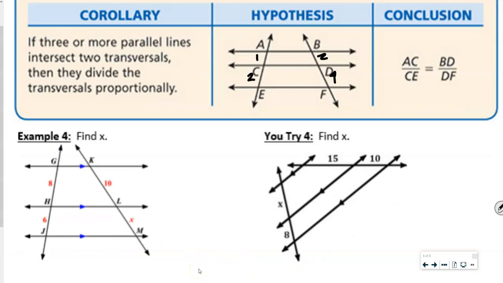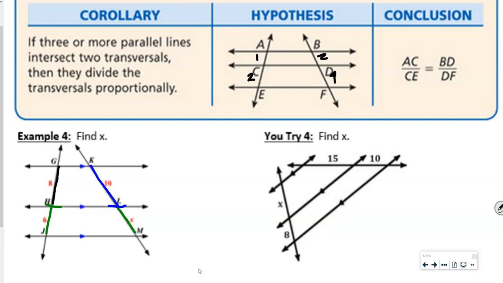So we're going to take GH over HJ, right? See that? And we're going to do KL over LM. Okay, so that's what we're going to do.